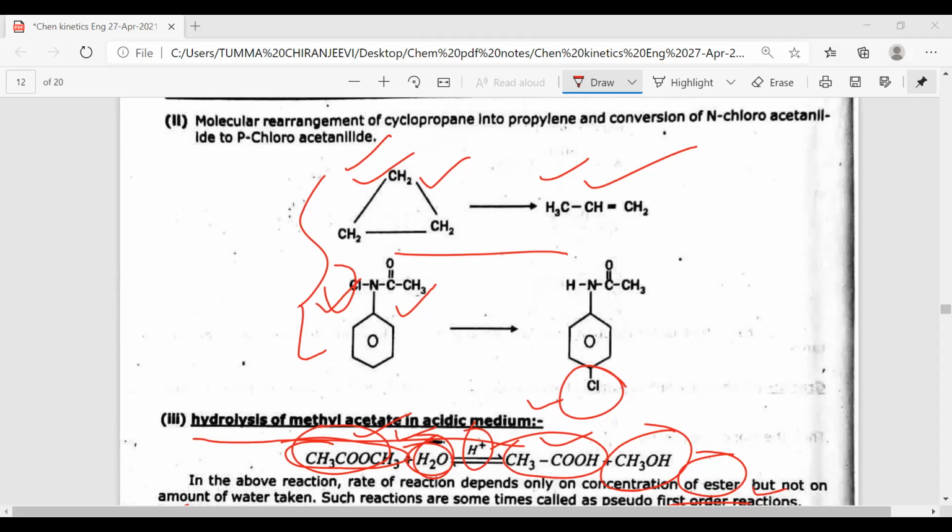Substitute these a and a minus x values with different times in the first order rate equation, and then you can get this type of value. Then take the average of these two values, and you can get the k value. So this is about the first order reaction.